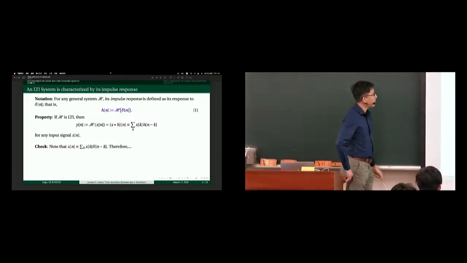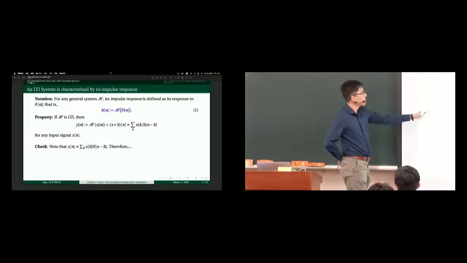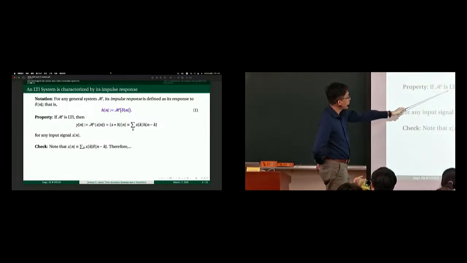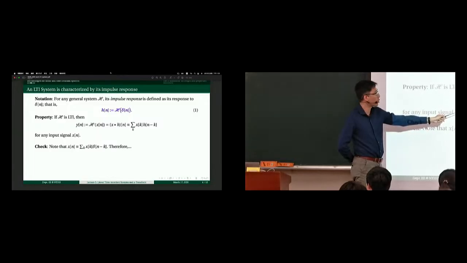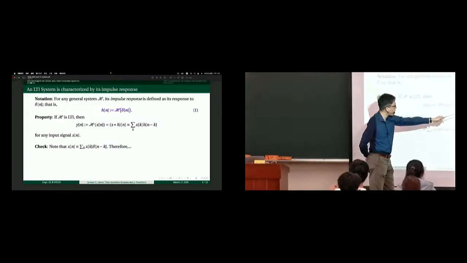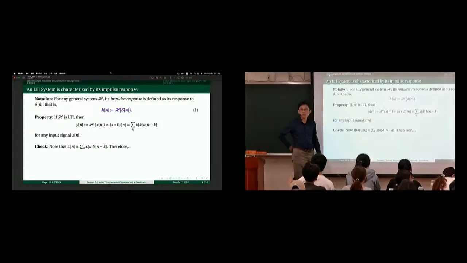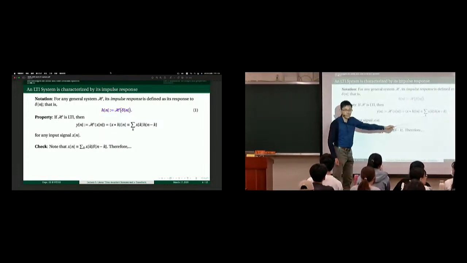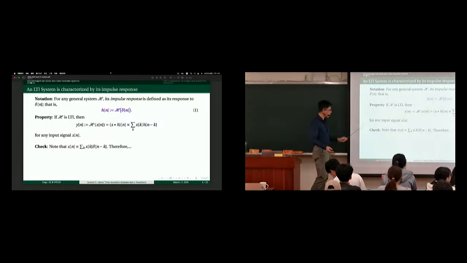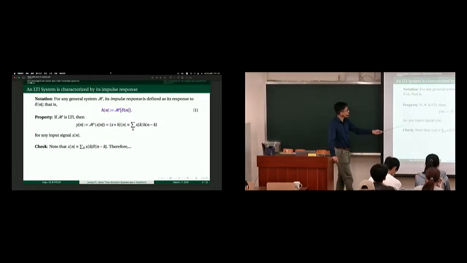And very soon we realize that if H is linear and time invariant, then the output it produces when receiving any input equals that input convolved with h, its impulse response. Note that this is a convolution operation. For any input, if the system is LTI, the output is going to be X convolved with h. And what is h? h is the impulse response.